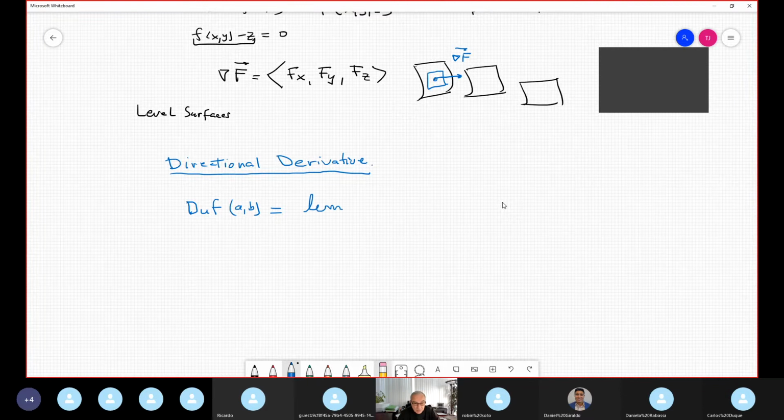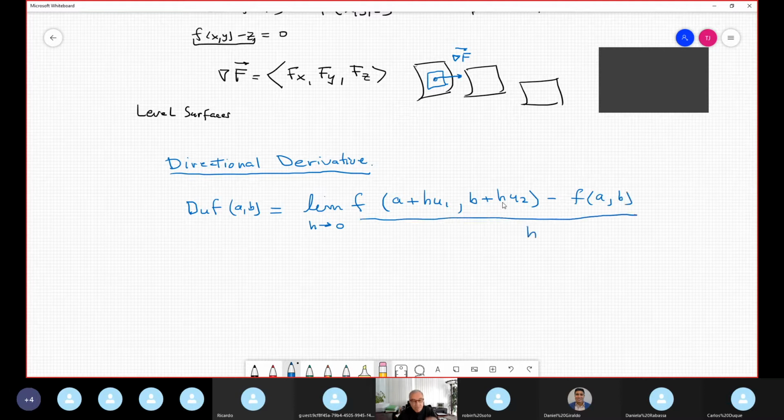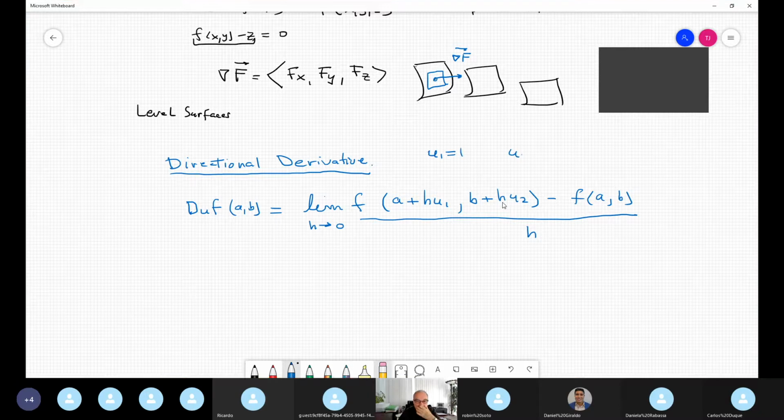It is the limit as h approaches 0 of the function evaluated at (a plus h u1, b plus h u2) minus f of (a, b), divided by h. I want to explain who is u. It is the same definition of the derivative, but for example, when you are using the partial derivative with respect to x, it is because u1 is 1 and u2 is 0.